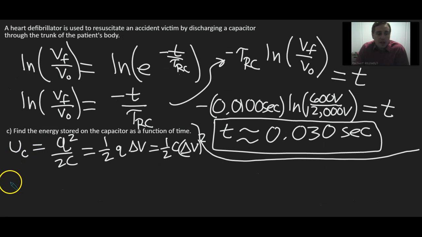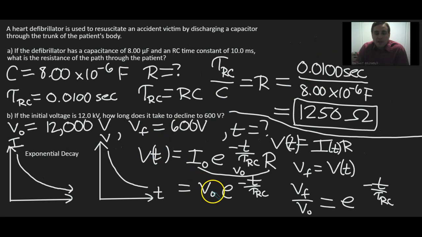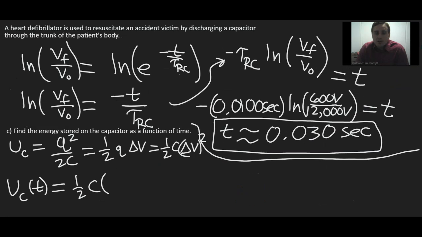So I think we can get the potential energy of the capacitor as a function of time, and that should be 1/2 times the capacitance times delta V, which was VO e to the minus t over tau RC, all squared.